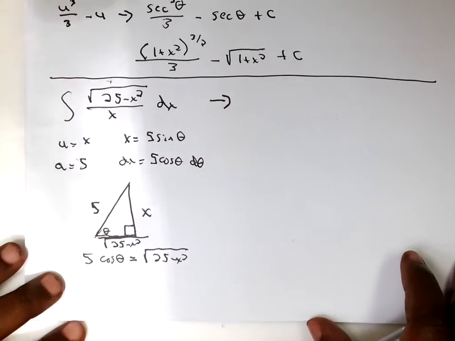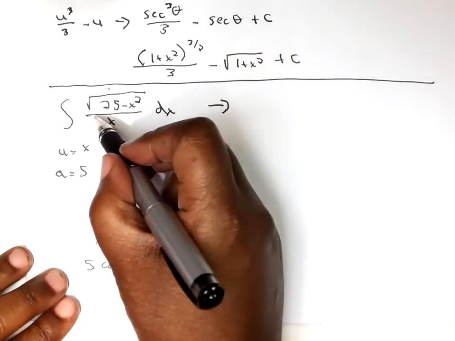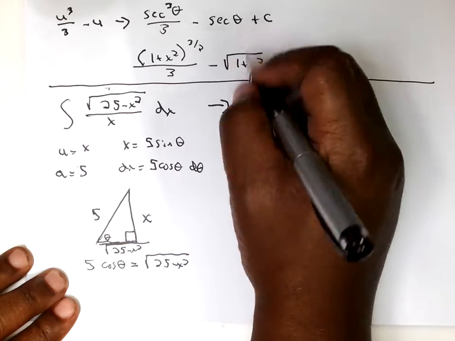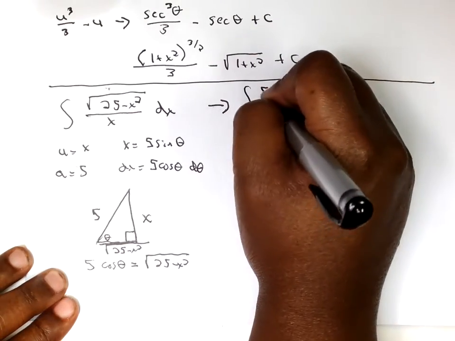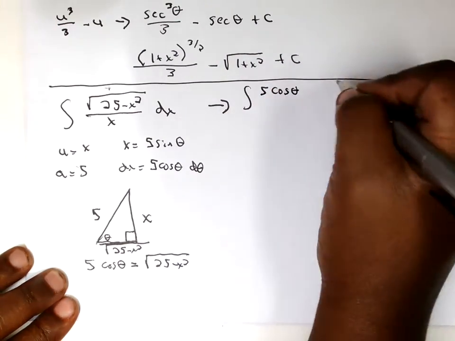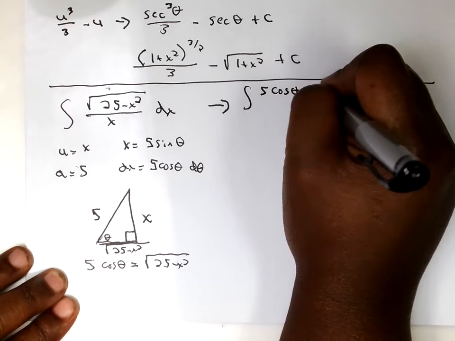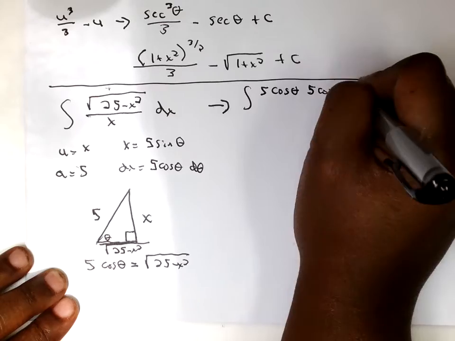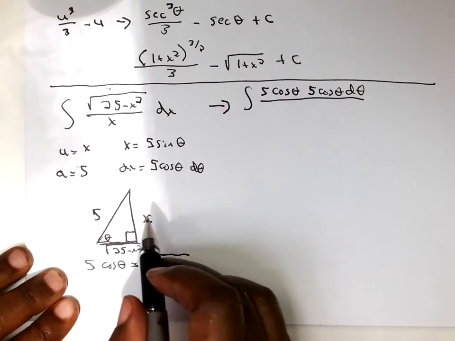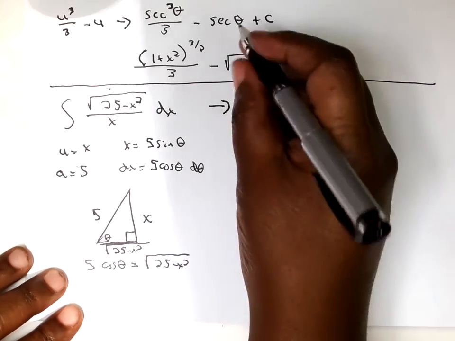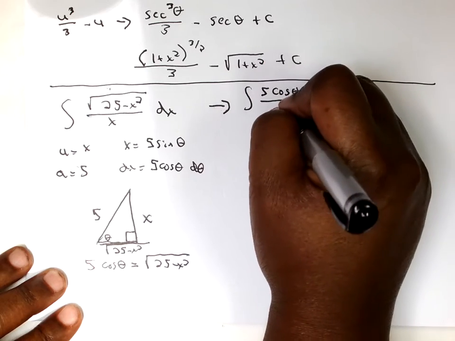So I can start substituting in. Square root of 25 minus x squared, we just said, was 5 cosine theta. Dx is 5 cosine theta d theta. And then the x on the bottom is 5 sine theta.